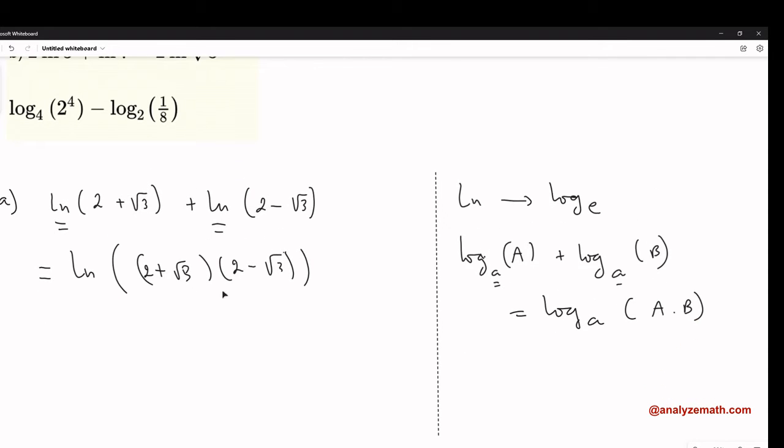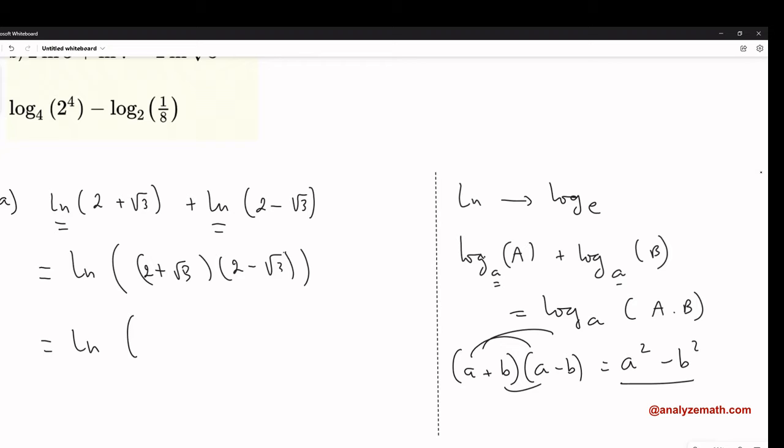Now let's develop this. This is something that we know. When you have the sum multiplied by the difference of two numbers, that gives you a square minus b square. It's very simple. You just develop and then you simplify, you obtain this. So let's go here and apply it.